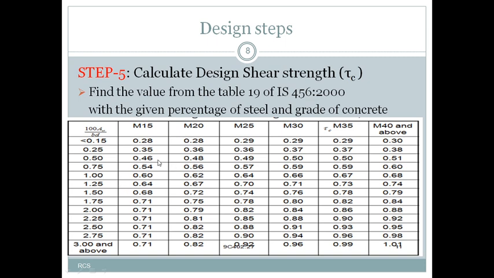But I want to calculate the design shear strength for 0.7 percentage of tensile reinforcement. That means your value will lie between 0.48 and 0.56. This value can be calculated by using the linear interpolation technique. So this is all about your design shear strength.